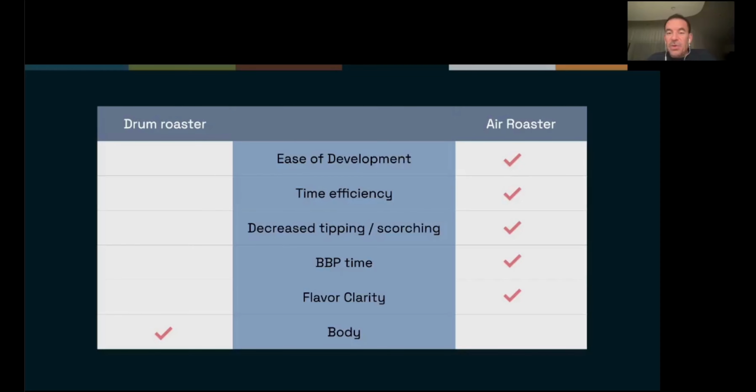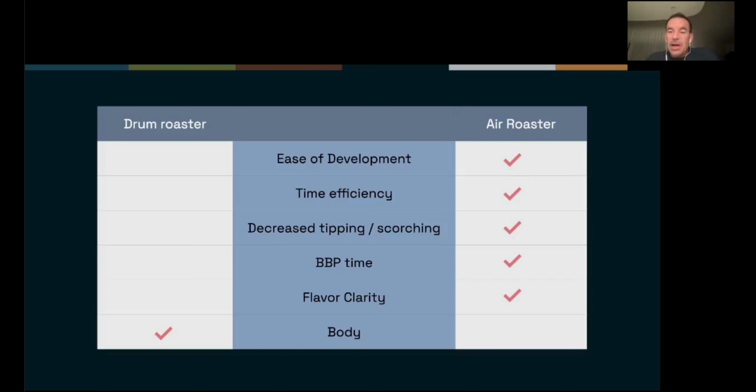The only way to increase body in an air roaster is to develop more or roast darker. In a drum roaster, at any given development level, you'll probably have a little more body due to the potential conduction. In an air roaster, it'll always be a bit lower.